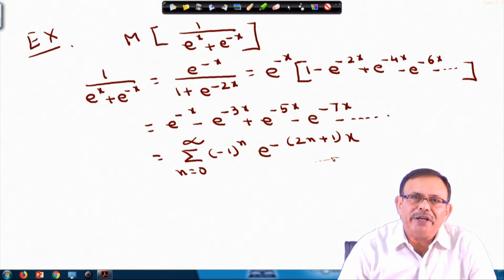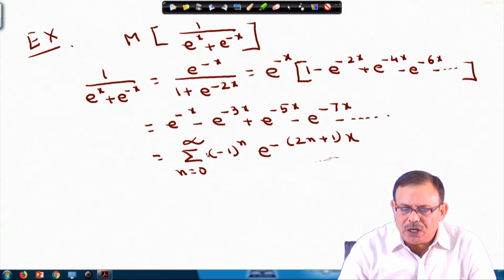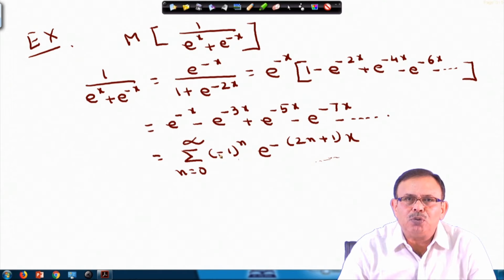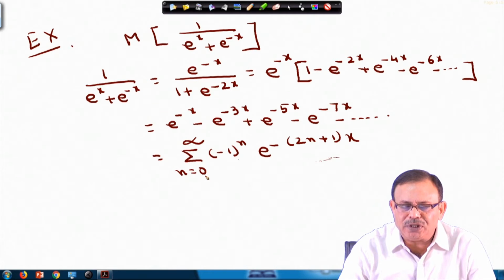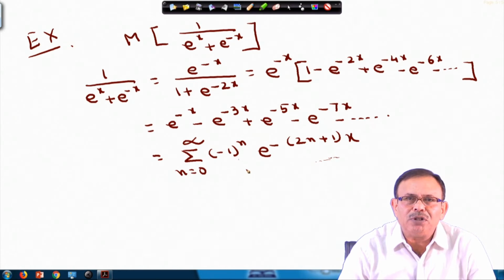Next, whenever n is 2, minus 1 to the power 2 will be plus, and this will be e to the power minus 2 into 2 plus 1, so 5x. So, this function 1 by e power x plus e power minus x, I am representing in terms of a series, summation n equals 0 to infinity, minus 1 to the power n into e power minus twice n plus 1 into x.